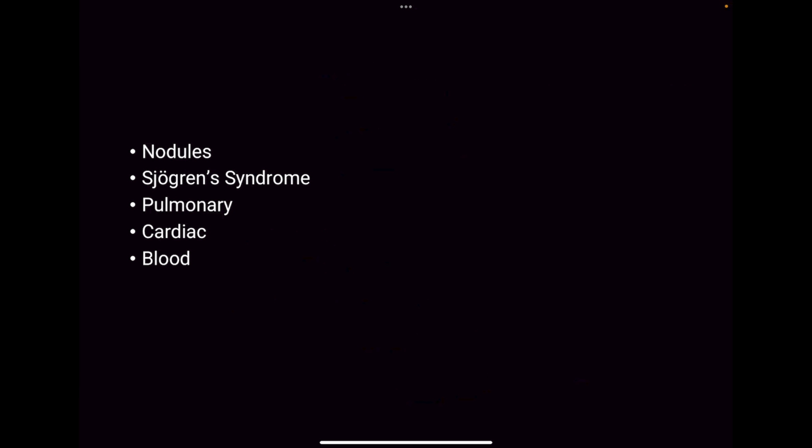Coming on to the systemic manifestations, I was telling you about the subcutaneous nodule. Other than that, this can be associated with diseases like Sjogren syndrome. You know Sjogren syndrome is associated with keratoconjunctivitis sicca. Sicca means dry. So the patient has a dry cornea and dry conjunctiva, and the patient can have scleritis as well. Rheumatoid arthritis is associated with scleritis. And coming on to the pulmonary problems, the patient can have pleural issues. The patient can have pericardial issues, and valvular diseases like mitral regurgitation are very common.